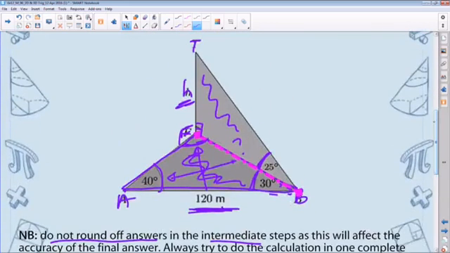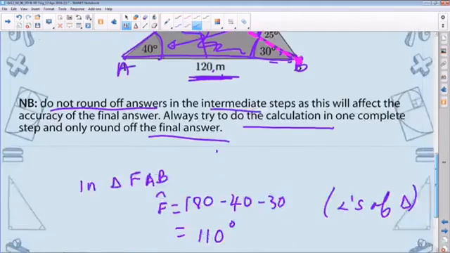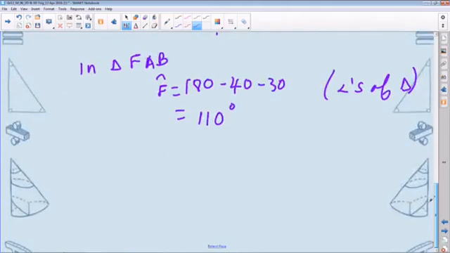So angle F is 110 degrees. So therefore I've got enough information in the triangle now to work out the length of FB. So we put this down into our sine rule formula. So I can say FB over sine of angle A is equal to AB over sine of angle F.